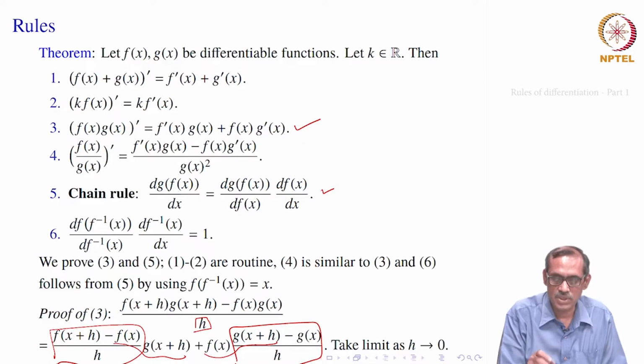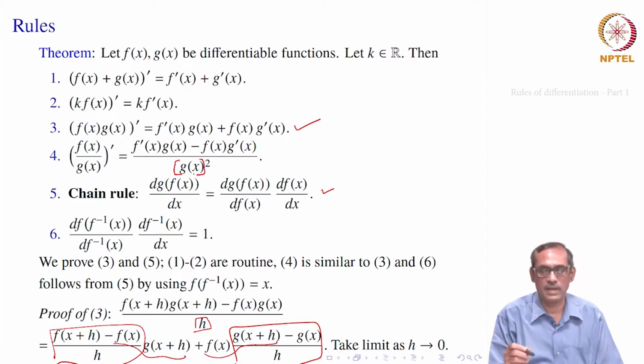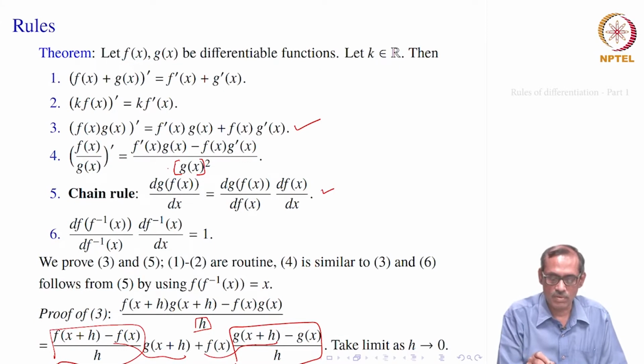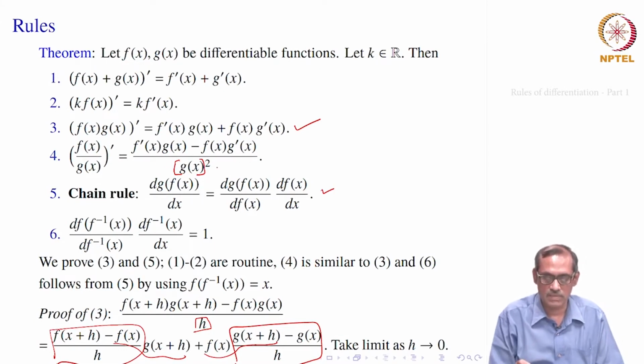It is f prime x g x minus, it was plus here, in plus, here it is minus, f x g prime x, almost the same thing, but that is only in the numerator. Denominator we have g x squared. So, this is really g of x squared, not g of x squared. This is how the formula would look like: g x f prime x minus f x g prime x divided by g of x square.